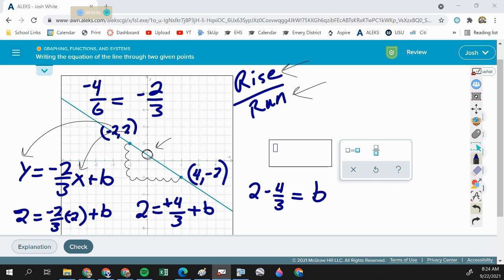So what would the common denominator in this case be? It's going to be 3. So how many thirds are there in 2 whole? 6. So I'm going to change this to 6/3. And what is 6/3 minus 4/3? 2/3. So b is 2/3, which allows me to finish the equation. I can put 2/3 right here, which was one of my guesses at the beginning. So y equals negative 2/3 x plus 2/3.